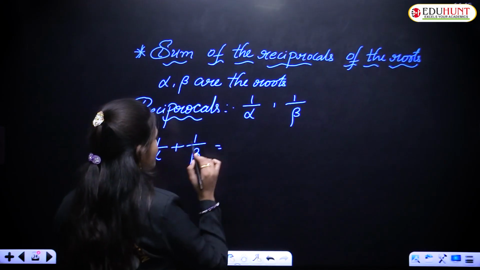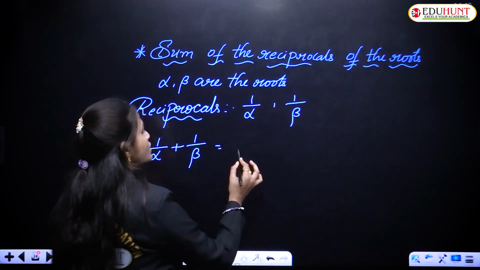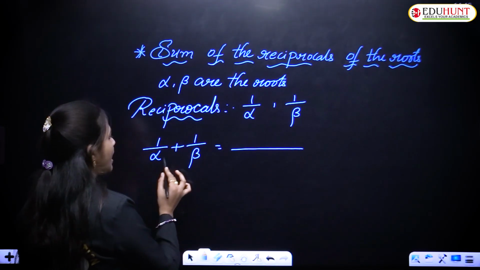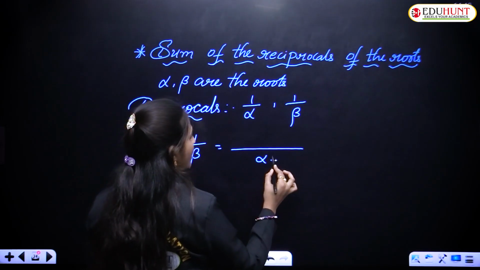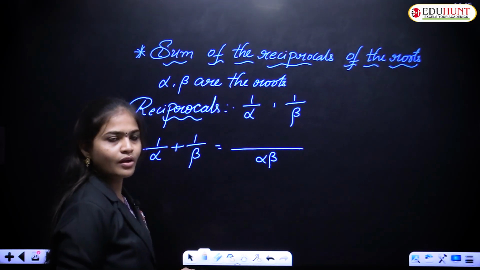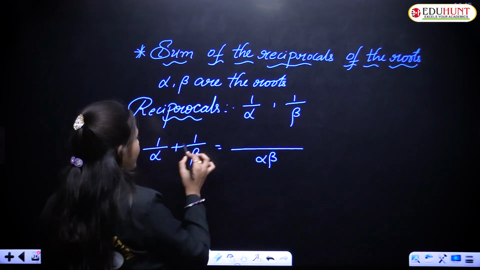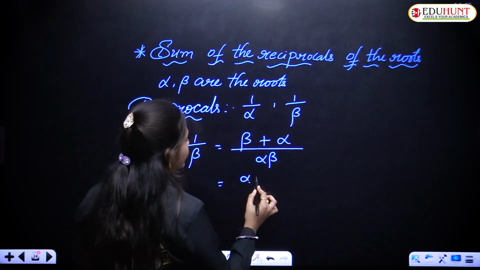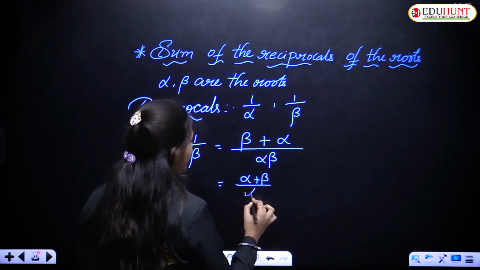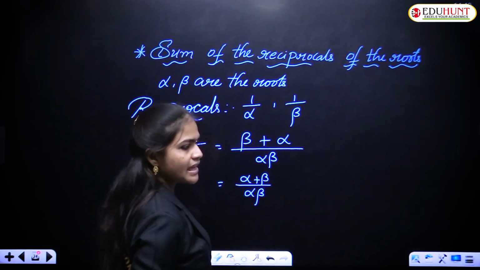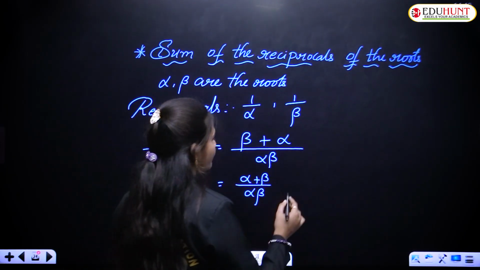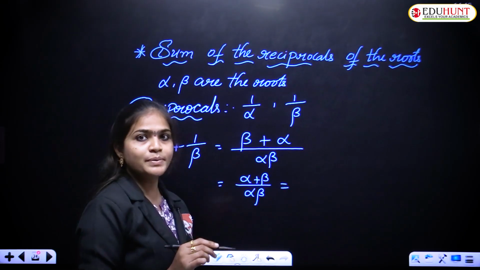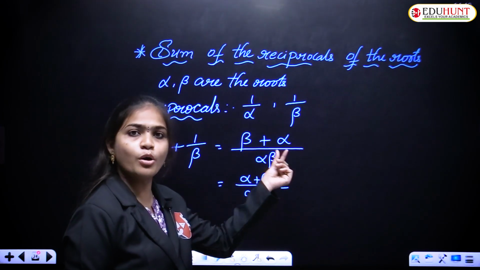Sum of the reciprocals of the roots. So which is equals to, first simplify this one. So here what is the LCM of alpha and beta? Alpha into beta. Okay. Next, its numerators beta plus alpha. So we can write this one as alpha plus beta by alpha beta. Why? Because here positive is there, no? So we can change the order also. So here alpha plus beta, which is nothing but sum of the roots.